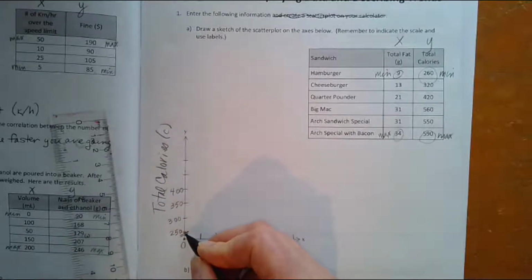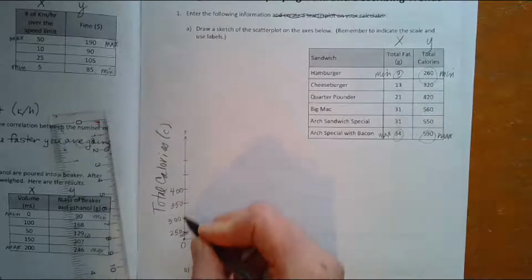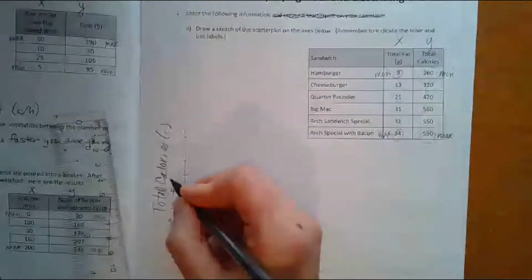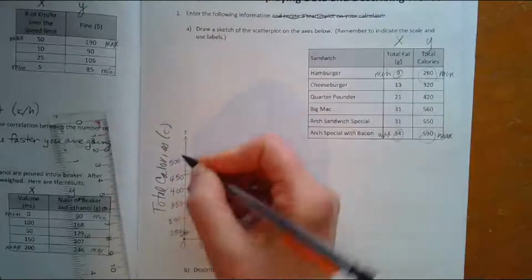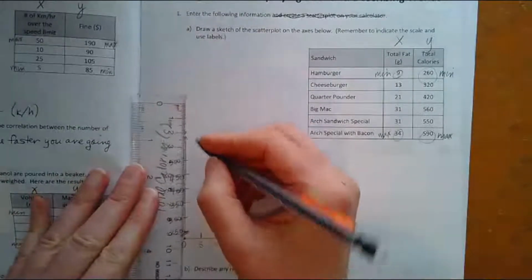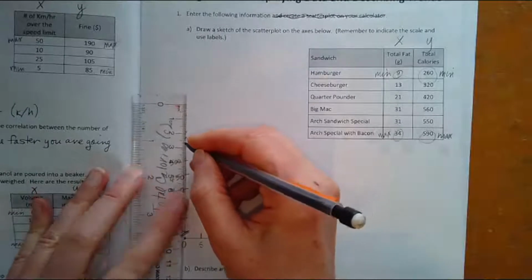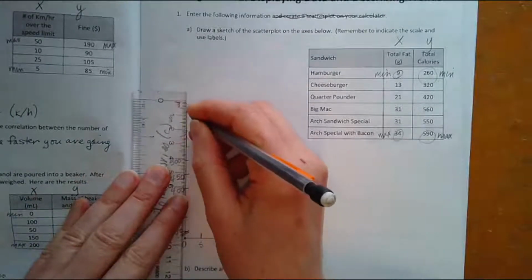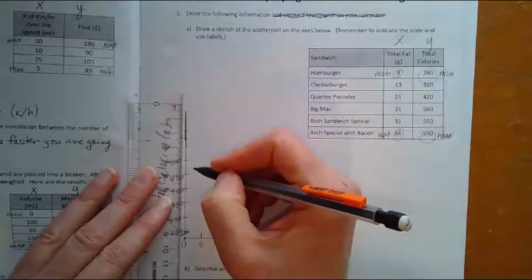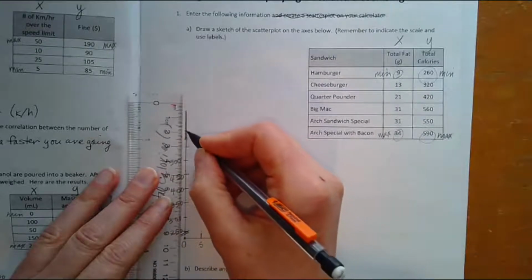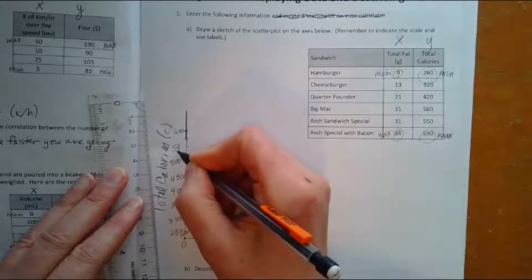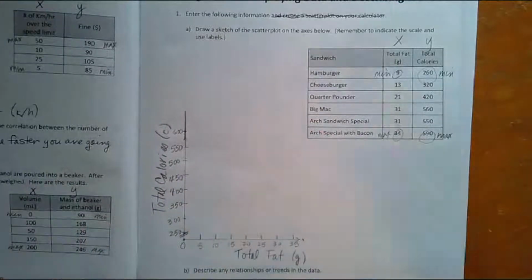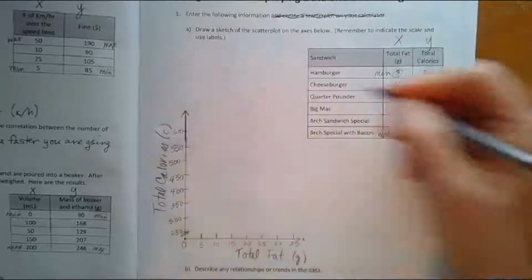See, once you make that slash, you can start at any number that you want as long as you keep consistent thereafter. 450, 500, 550, and I'm just going to extend my line a little higher. 550, 600. Okay, all right, I'll just extend my line.